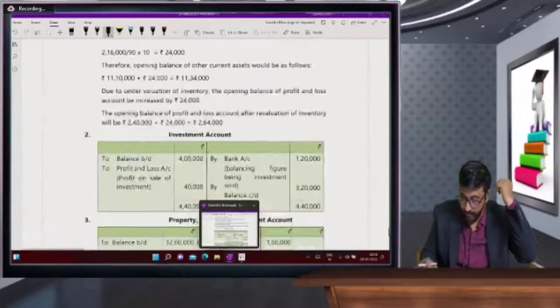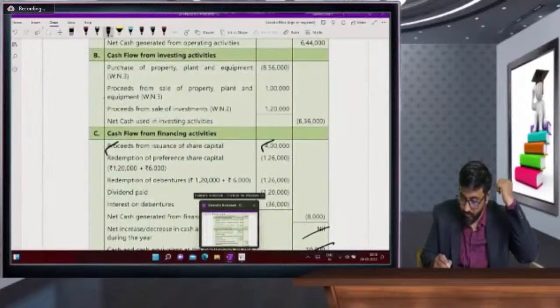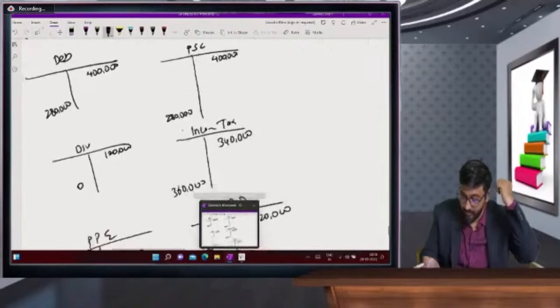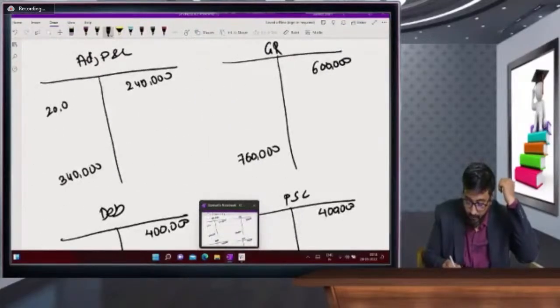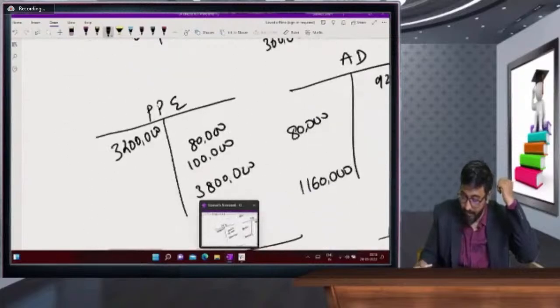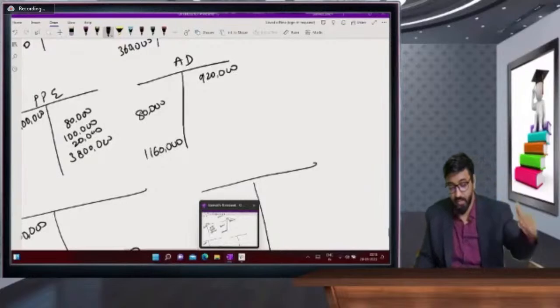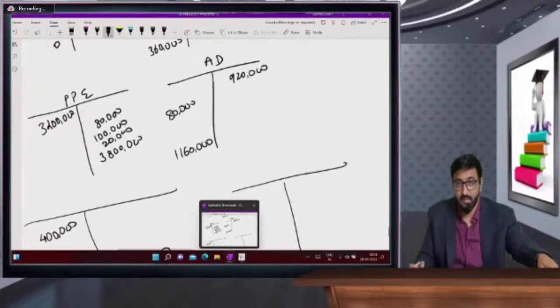Second effect, 1 lakh investing activity. PPE sold. And last one is loss. Loss is adjusted P&L debit and PPE credit. PPE credit. Loss is 20,000. You got this answer now?